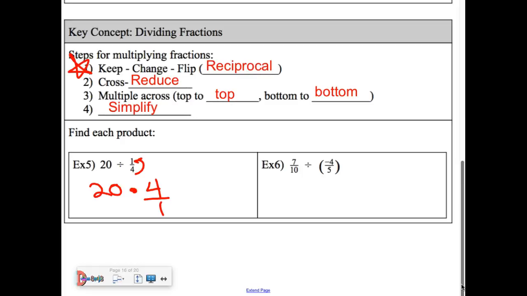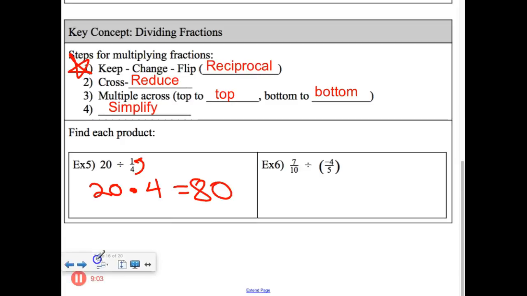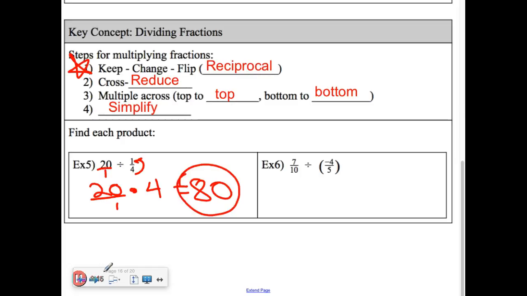You can certainly leave it, but we are in high school now, so you can get rid of that. So now all what we have is 20 times 4, and we're just going to get 80. Another thing, notice that sometimes when we do have a whole number here, you could have put this one under 1 as well. That would be okay. All right, so our answer is just going to be 80.